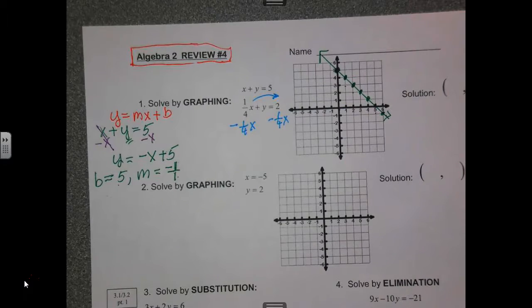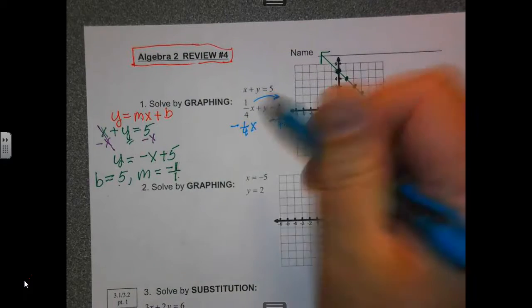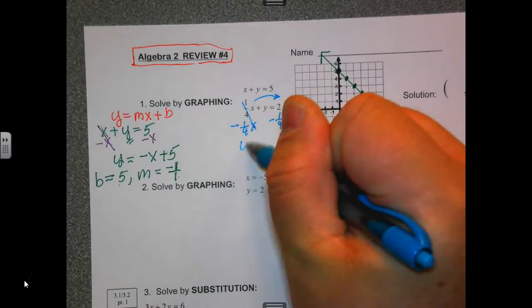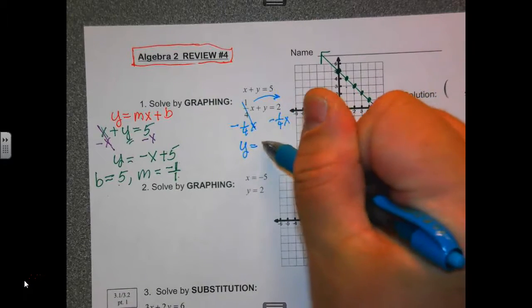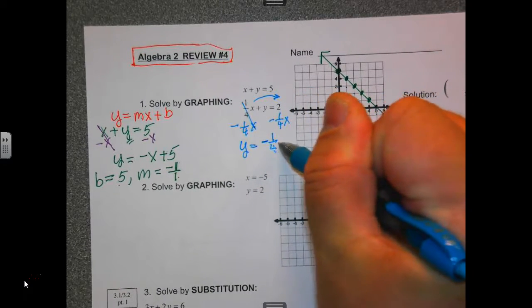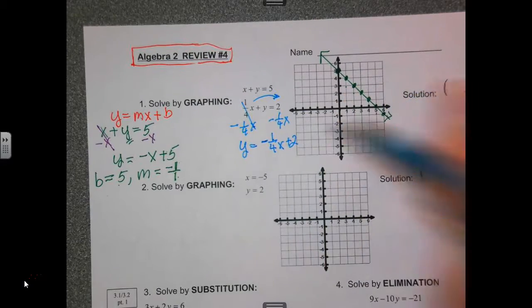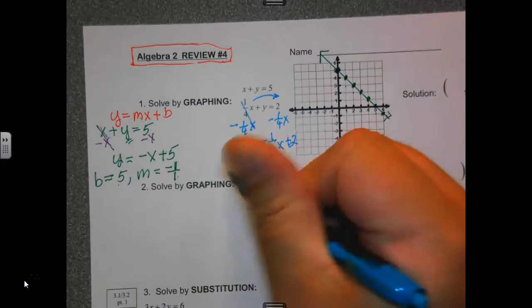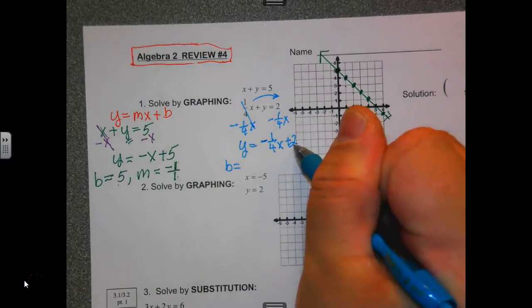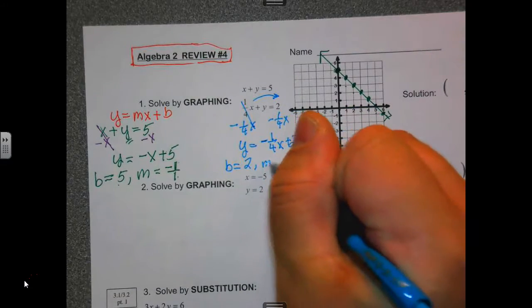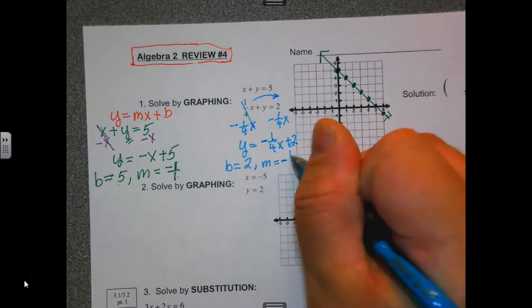Interesting. This adds up to 0. I get my y equals, I'm going to put my x term first, negative 1/4 x plus 2. Okay, my y-intercept is 2. My slope is negative 1/4.